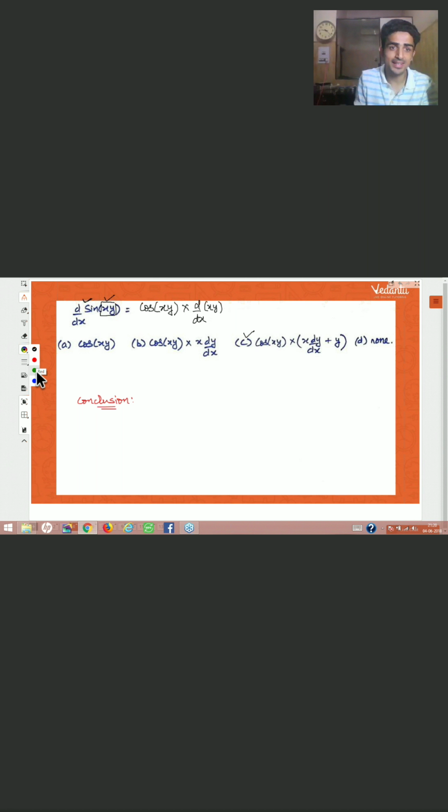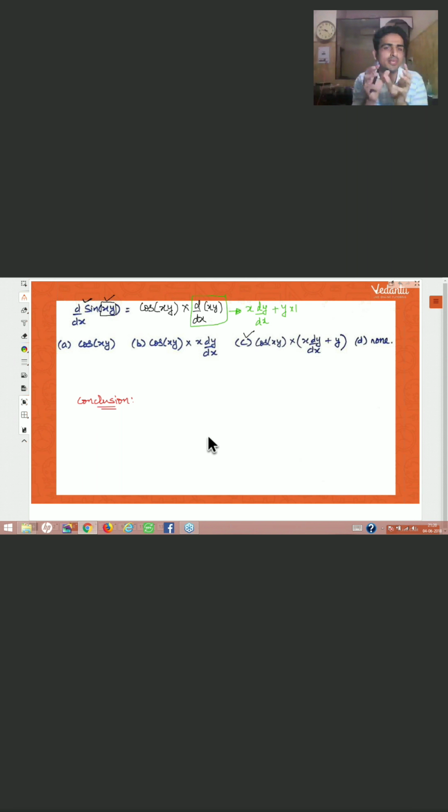And we just did the derivative of this, which is nothing but x into dy by dx plus y into 1. Simple. So that is chain rule.